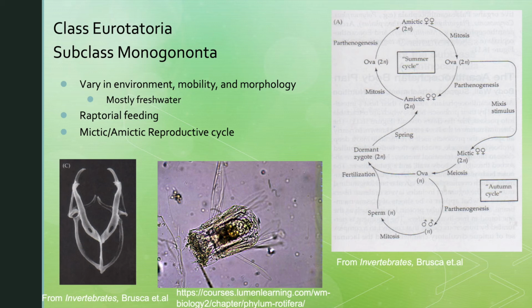Those eggs will need to be fertilized by a male, and if the eggs remain unfertilized, then they will develop into males that will produce sperm by mitosis. Once the egg is fertilized, it will form into a diploid female, and that zygote will remain dormant until the conditions become ideal again, and it'll go back into that amictic cycle.